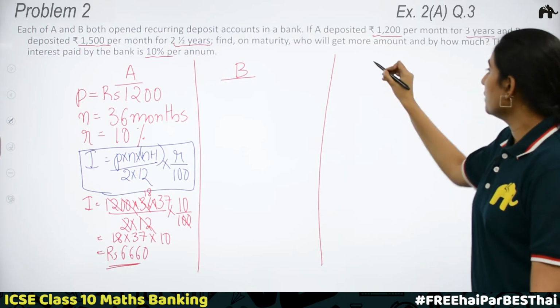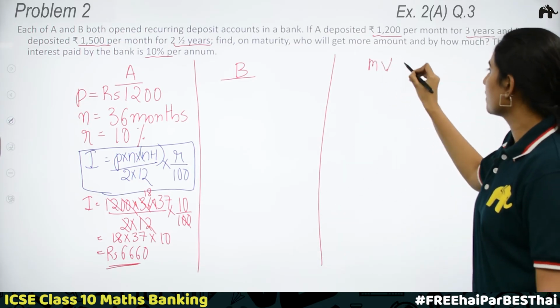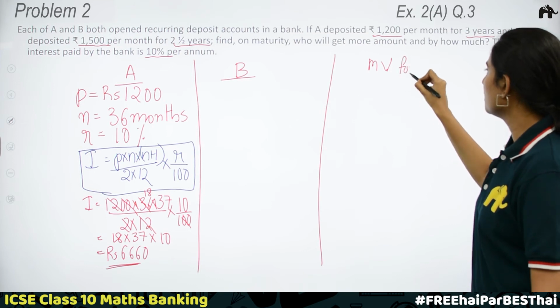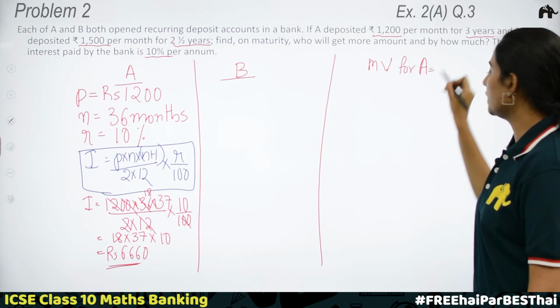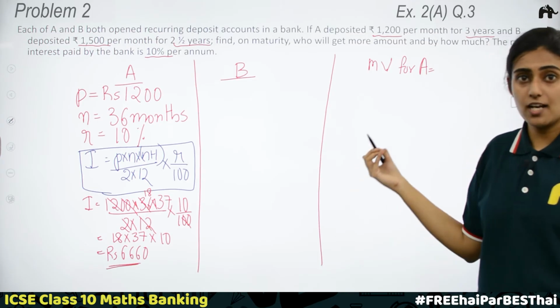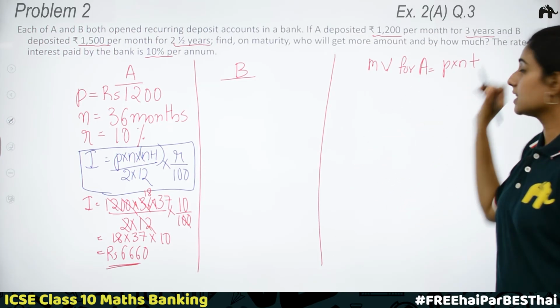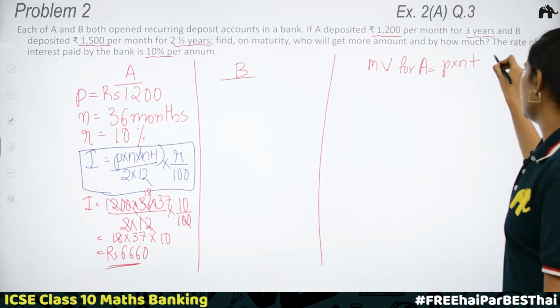Now maturity value for A. Maturity value for A will be equal to, what is the formula? P into N plus I. Correct.